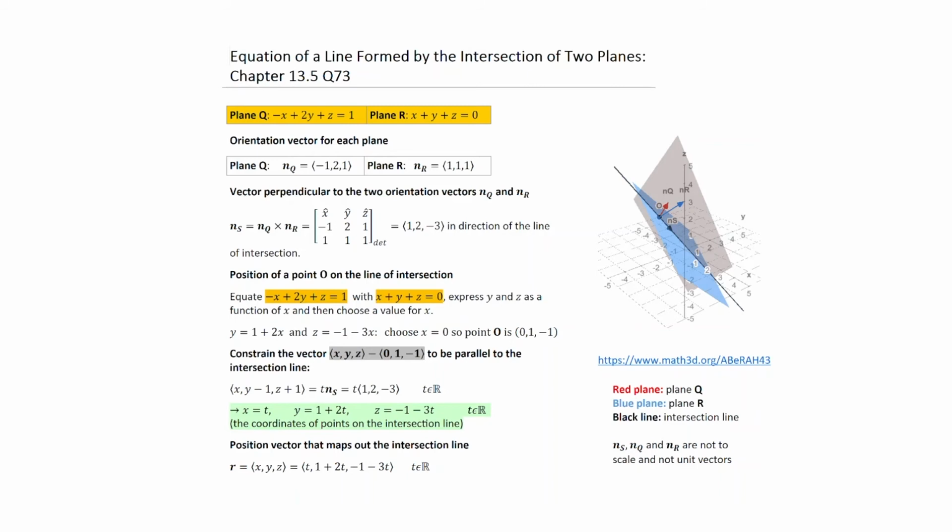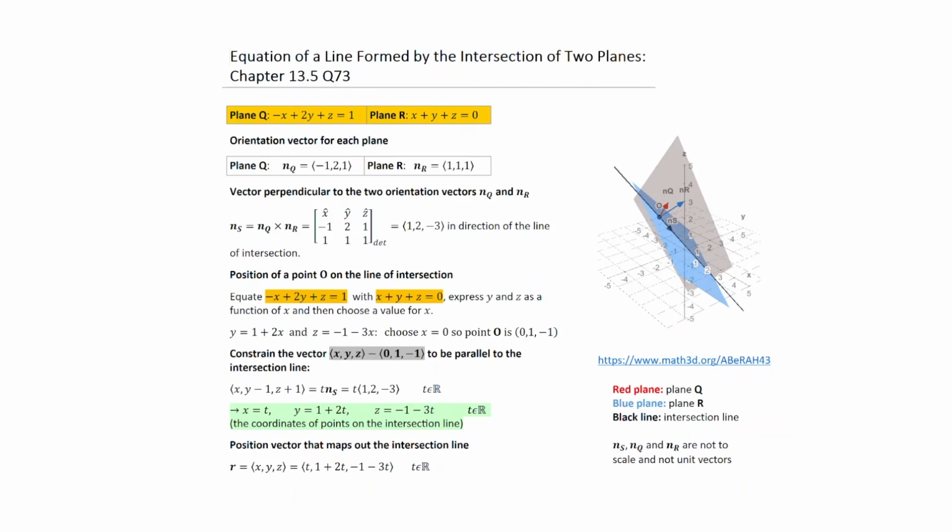All right, so now we need to create a vector, and we would like that vector eventually to be parallel to that line of intersection. So we start with an arbitrary vector x, y, z, right? And we take the position of the point O, 0, 1, minus 1, subtract the two, and we end up basically with a line that's parallel to the intersection line, right?